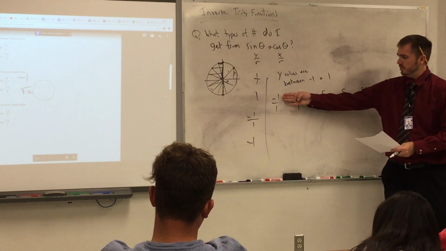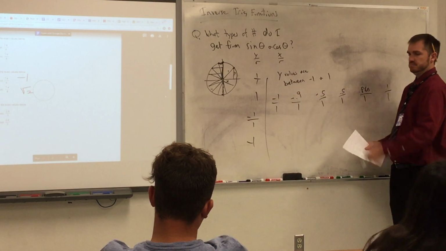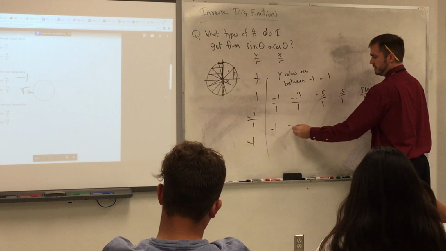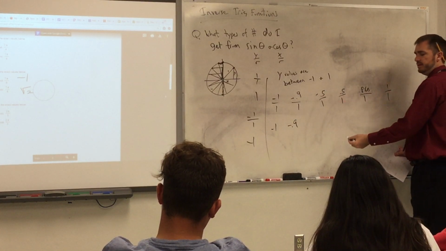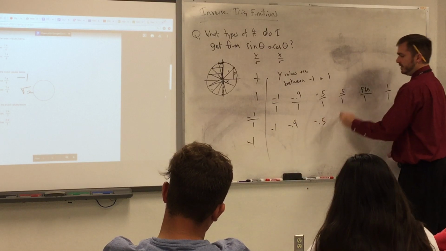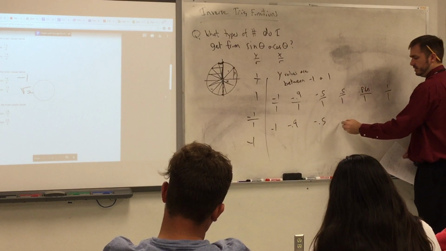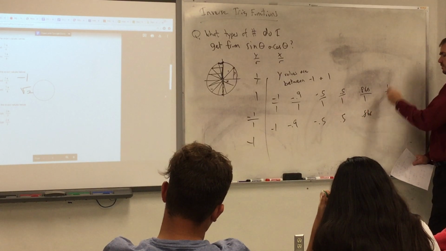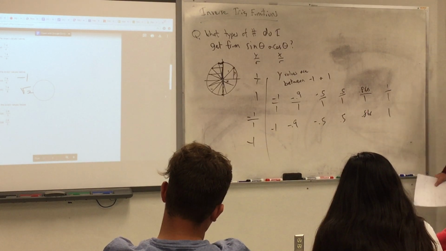So, what's negative 1 over 1, class? Negative 1. Negative 0.9 over 1. Negative 0.9. Negative 0.5 over 1. Negative 0.5. 0.5 over 1. 0.866 over 1. 1 over 1. 1. Okay?